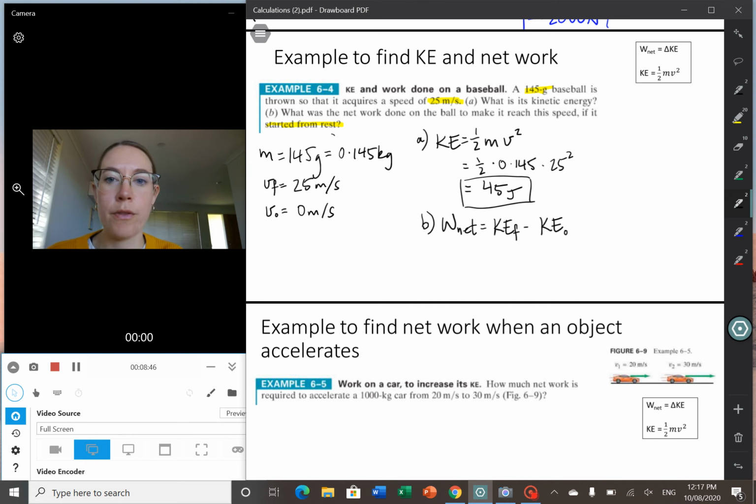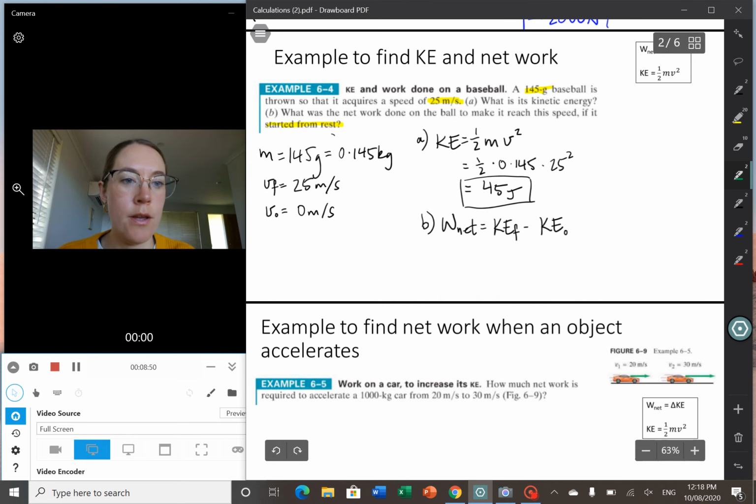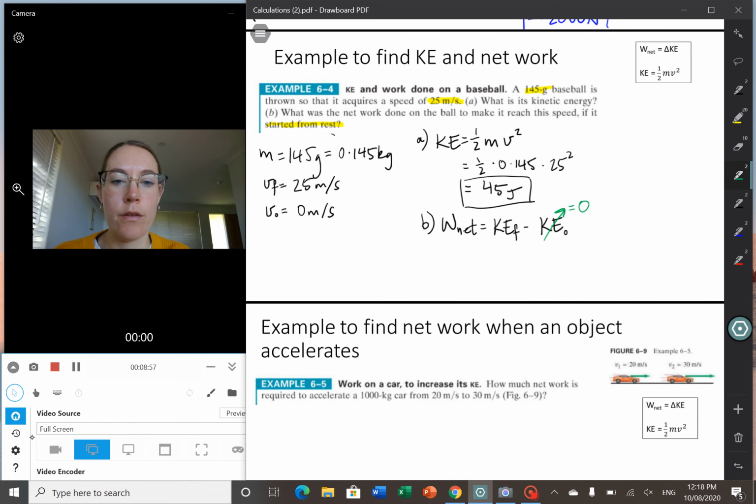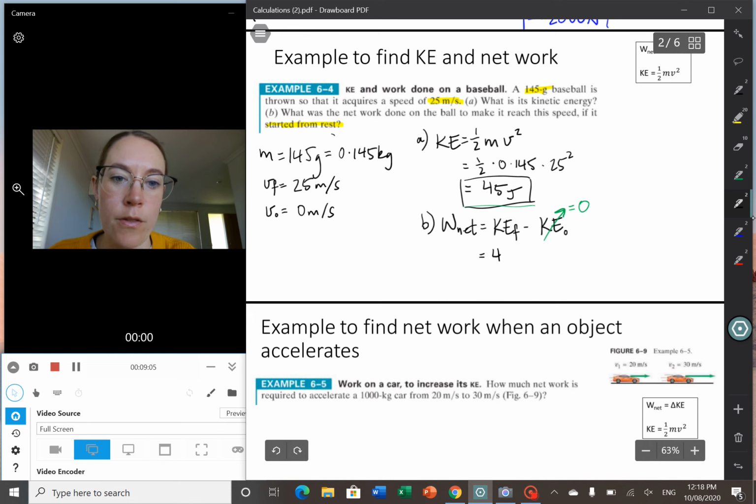Now we're told that the ball started at rest, which means that its initial kinetic energy is going to be equal to 0, which means that the net work done is equal to the final kinetic energy, which we just calculated up here. So that is also equal to 45 joules.